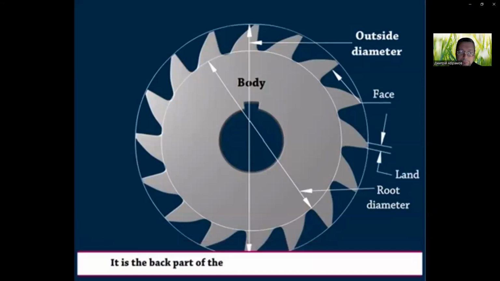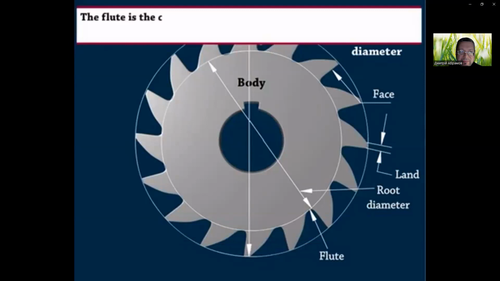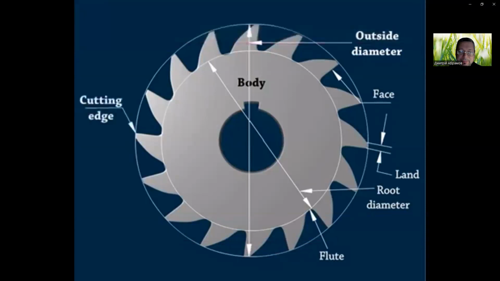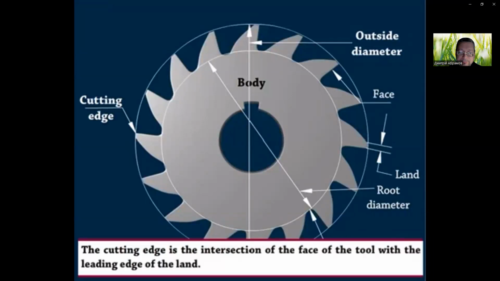It is the back part of the tool adjacent to the cutting edge. The flute is the chip space between the back of the tool and the face of the following tool. The cutting edge is the intersection of the face of the tool with the leading edge of the land.